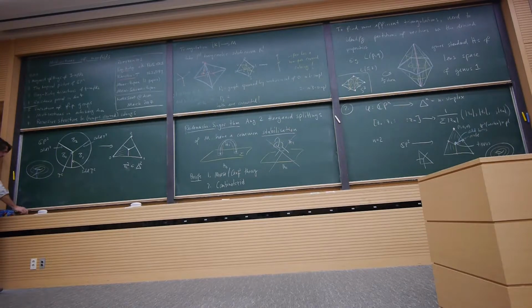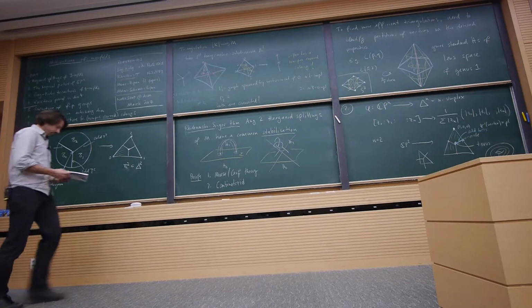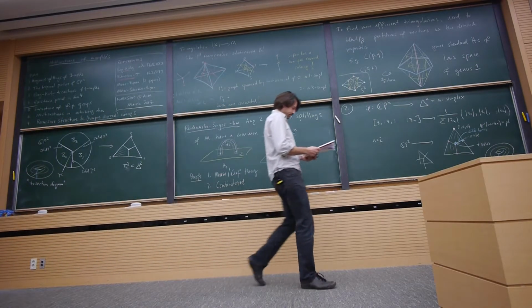Yeah, so think of this, Gay and Kirby called this a trisection diagram. Just as if you omit one of the curves, it's a Heegaard diagram for the associated 3-manifold. Okay.